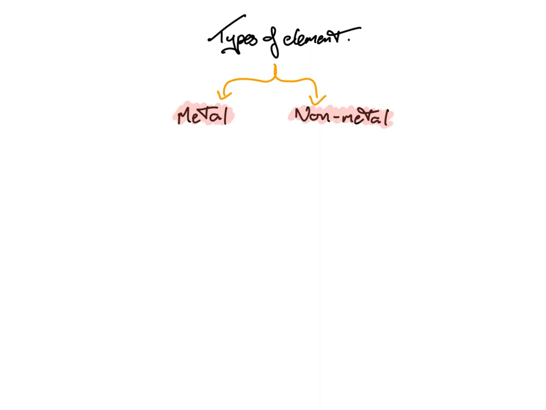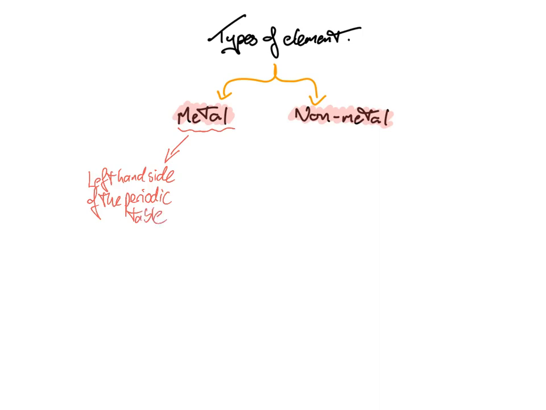If we take metallic elements to begin with, we can see that they are generally found on the left hand side of the periodic table. Why is that?